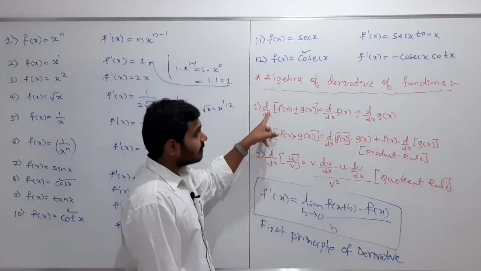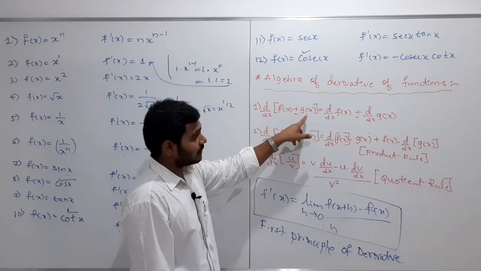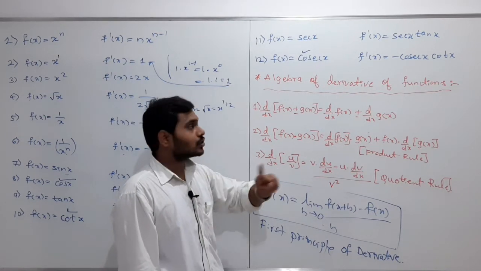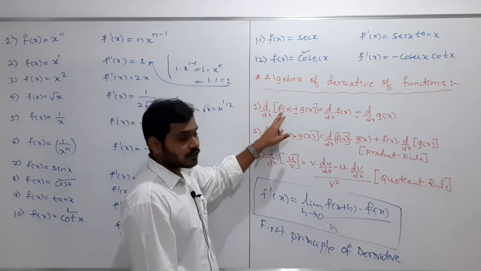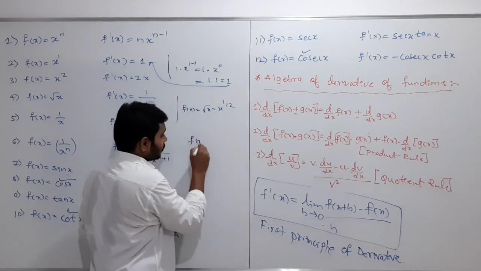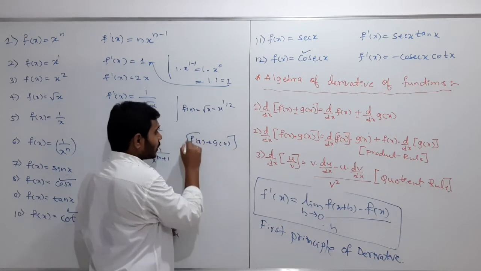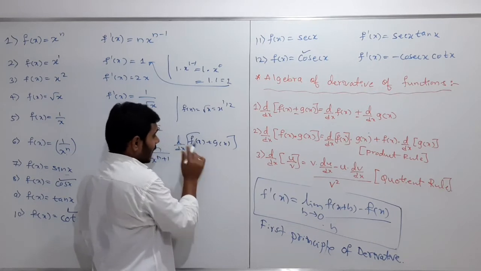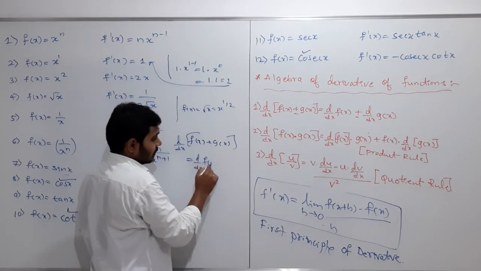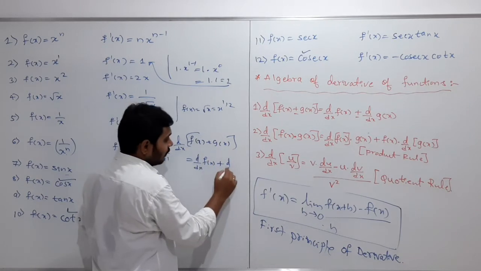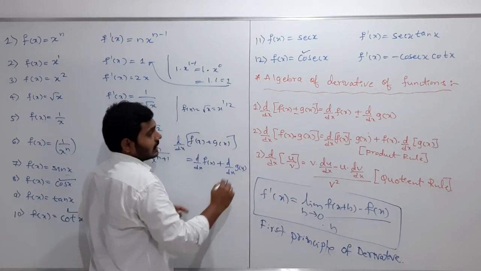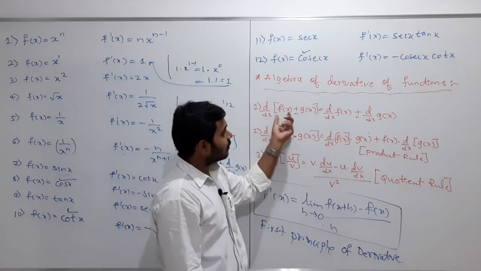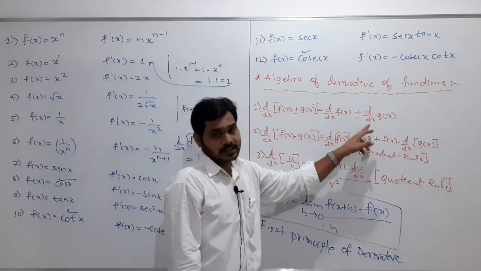If I wanted to calculate the derivative of this, what I'll do is take the derivative of the first function plus the derivative of the second function, g of x. So the derivative of f of x plus g of x is nothing but the derivative of f of x plus the derivative of g of x.